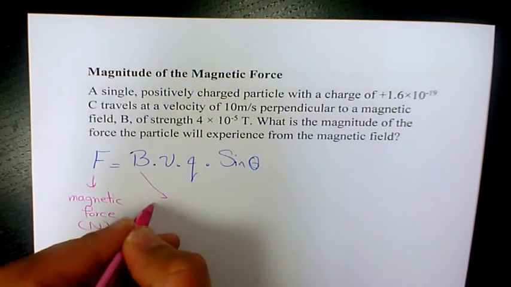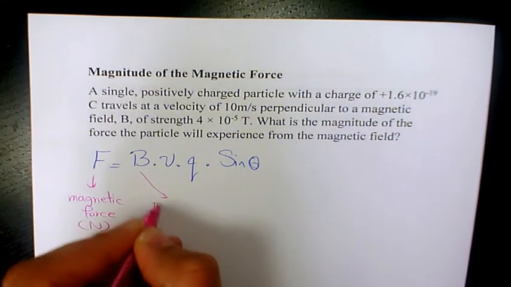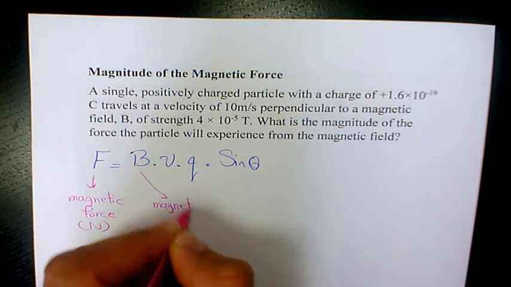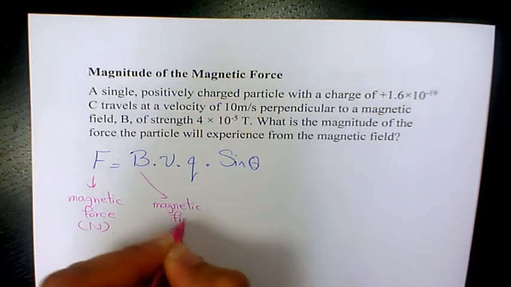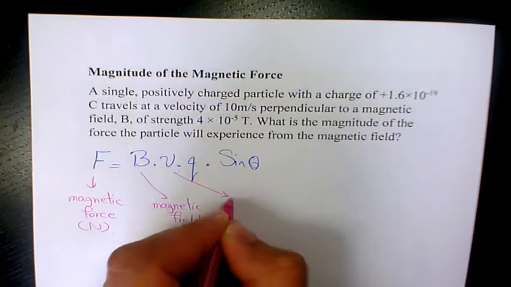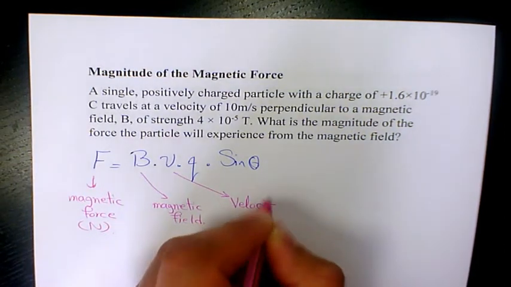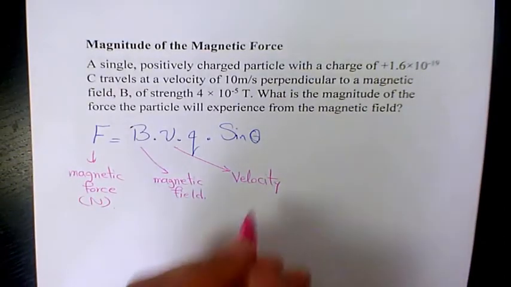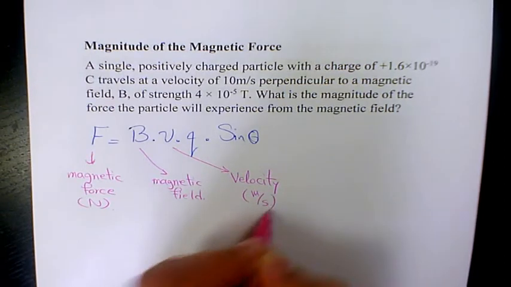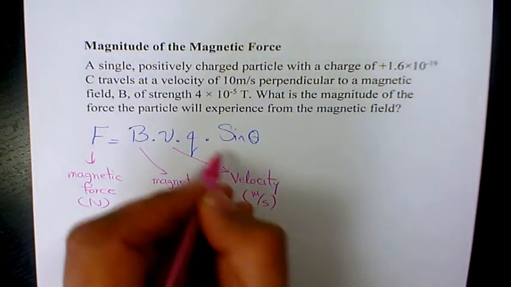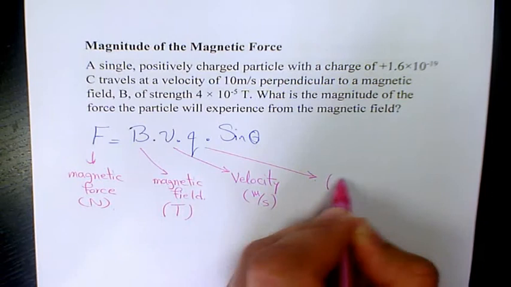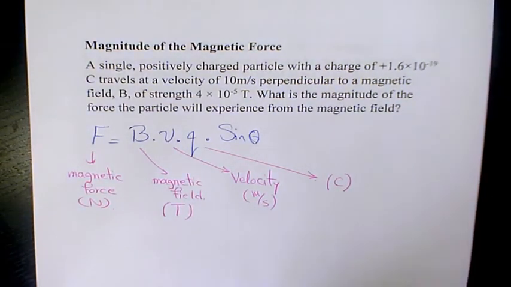B is the magnitude of the magnetic field strength, in terms of Tesla. V is the velocity of the particle in terms of meters per second. Q is the charge of the particle.